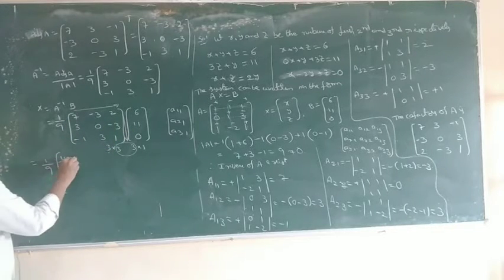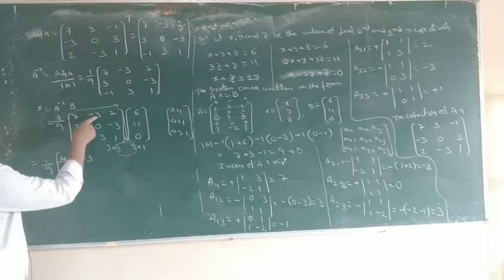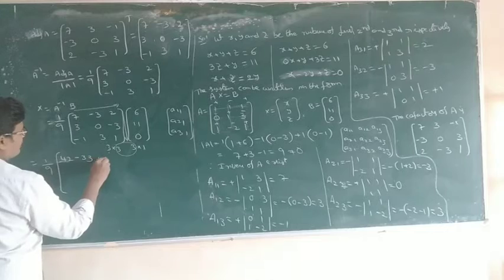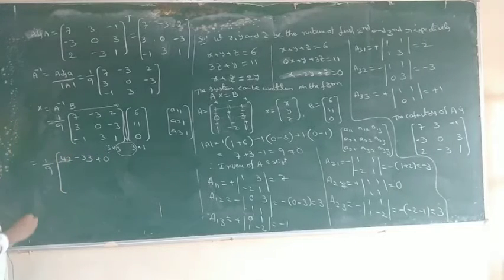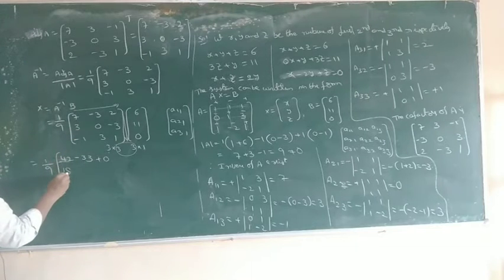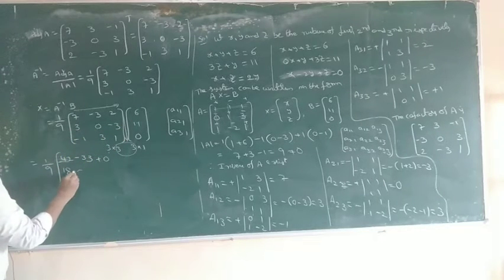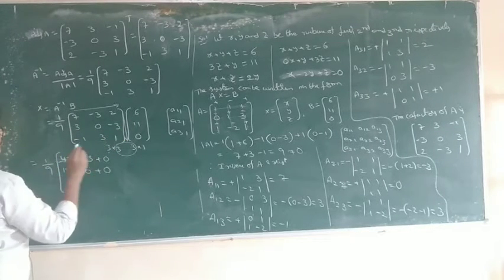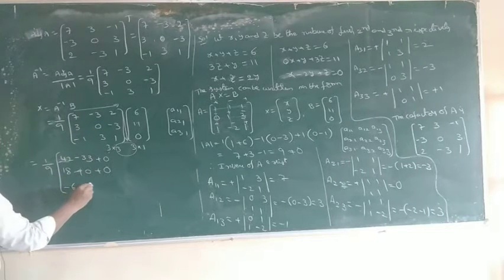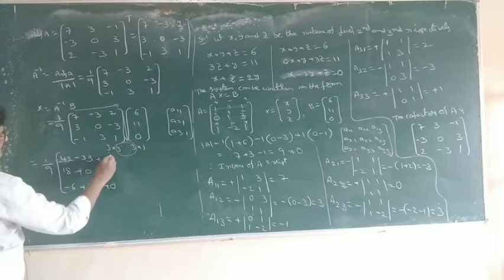Next minus 3 into 11 is minus 33. 2 into 0 is 0. Next A21, second row first column: 3 into 6 is 18, 0 plus 0 plus 0. Next minus 1 into 6 is minus 6, plus 33, plus 0.